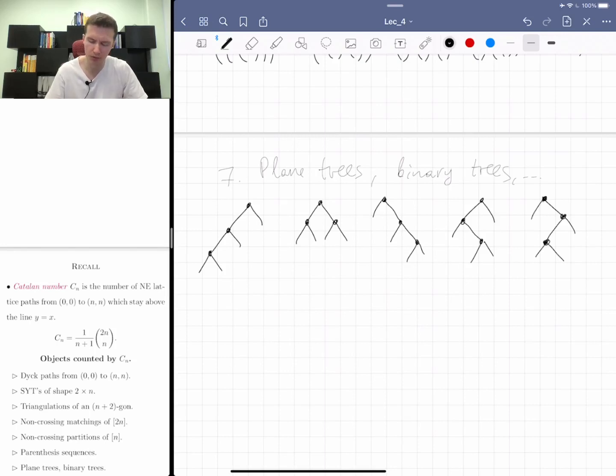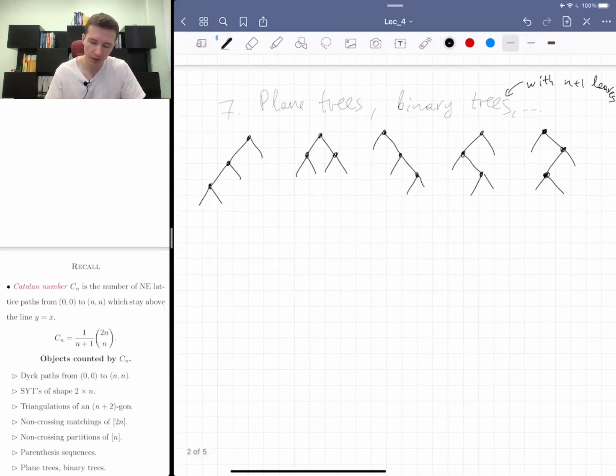What is a binary tree? A plane binary tree means that every vertex has a left child and a right child, except for the leaves. The leaves have no children. You just count how many binary trees you can make with, let's say, 4 leaves. Binary trees with n plus 1 leaves. And then you see that the answer is going to be a Catalan number as well. But I'm going to discuss this later.